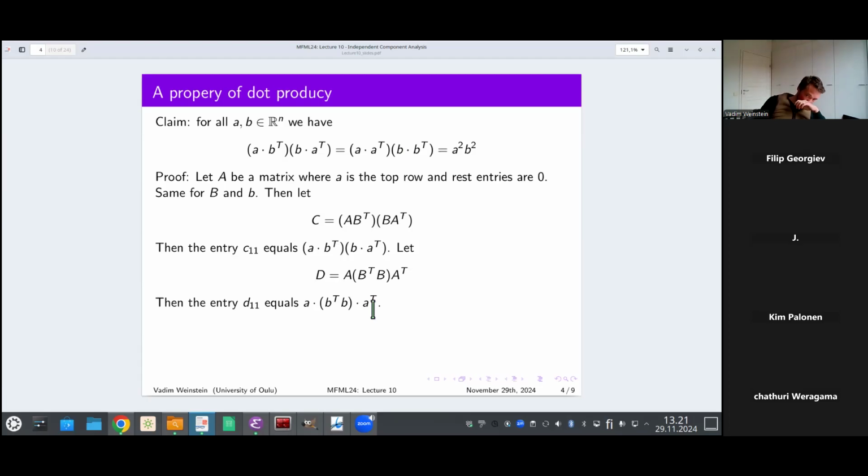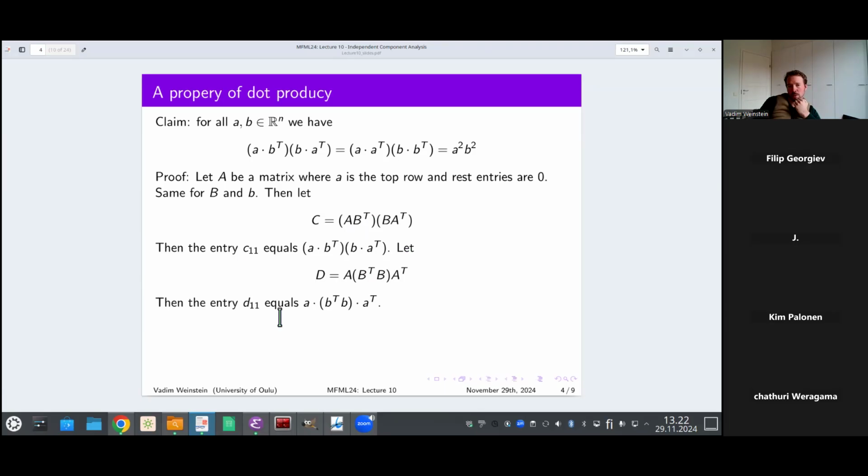Now, matrices are associative. So for matrices we know we can't shuffle the order, but we can change the brackets. (AB)(BA) and A(BB)A are all the same for matrices. There's no difference.